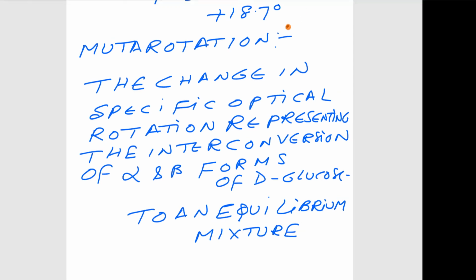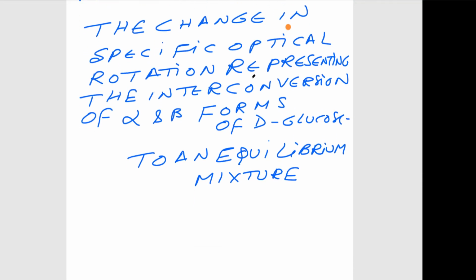Mutarotation is the change in specific optical rotation representing the interconversion of alpha and beta forms of D-glucose to an equilibrium mixture. Suppose, let us see here, we'll take up alpha D glucopyranose.